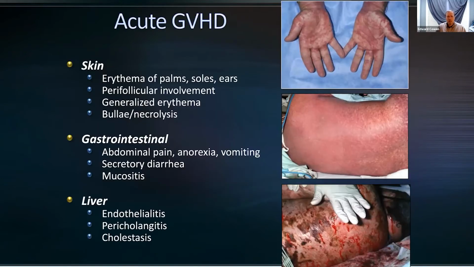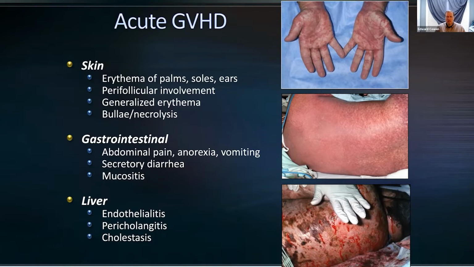In the acute setting, there are three major organ systems that are affected. The GI tract, usually presenting with abdominal pain and copious diarrhea, liver involvement, which presents with liver function test abnormalities, and then skin involvement. And the skin involvement can range from a sort of non-specific pink rash to generalized full body redness, and rarely patients can have what's called necrolysis, where the skin actually separates from the body.